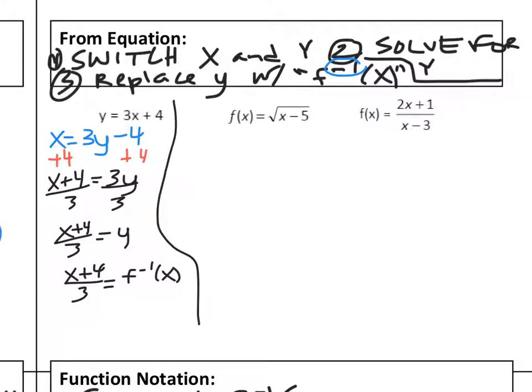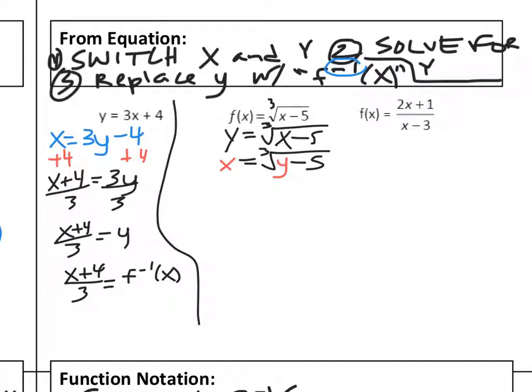Alright. On your copy, I changed this to a cube root. So I don't see a y right now, so we're actually going to replace f of x with y. And now we're going to solve and switch x and y. So x equals 3 times the cube root of y minus 5.